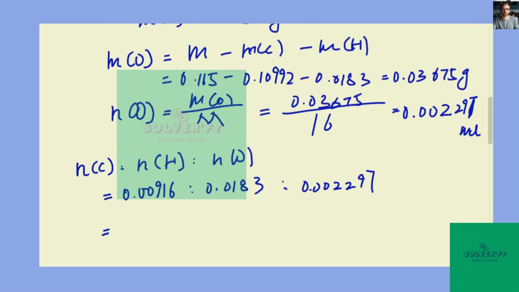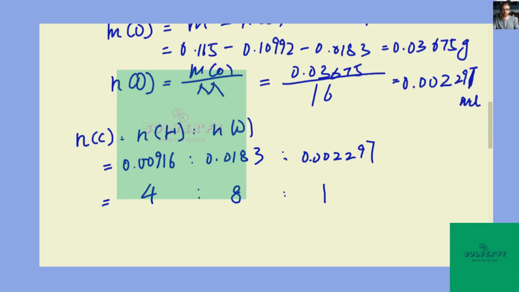So this equals 8 versus 1, and this versus 4.